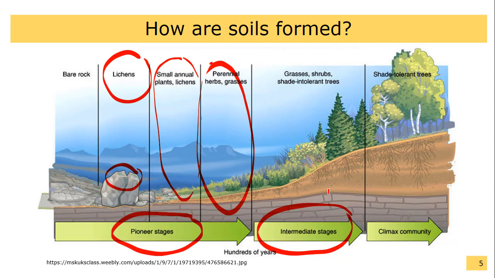This process of dead animal and plant waste and their degradation by bacteria, fungi, worms, and other soil biota continues to create and change the soil composition. This leads to the establishment of large vascular plants such as shrubs and small trees.